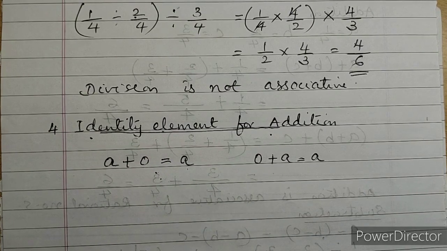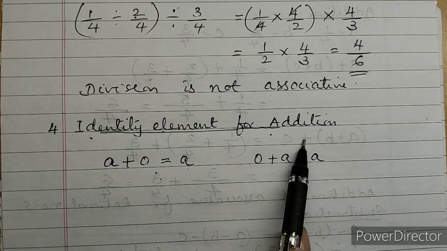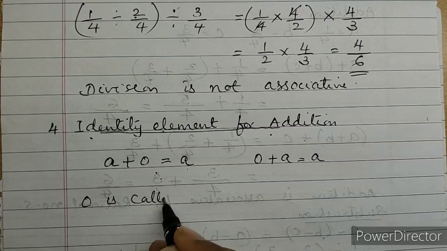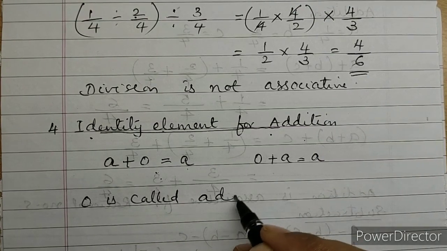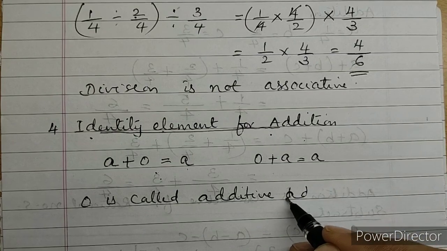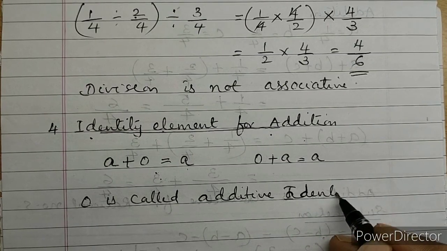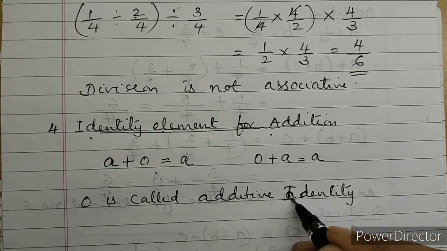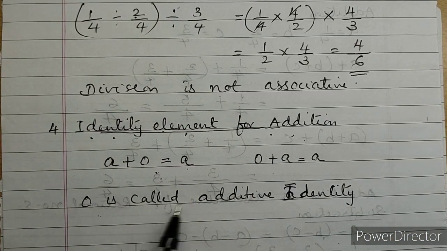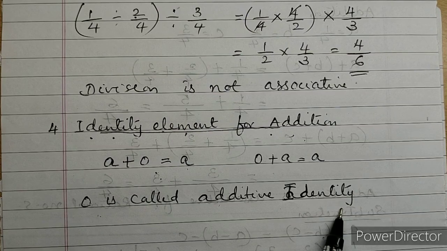So 0 is called the identity element of addition. 0 is called additive identity also. Zero is the identity element for addition, or 0 can be called the additive identity.